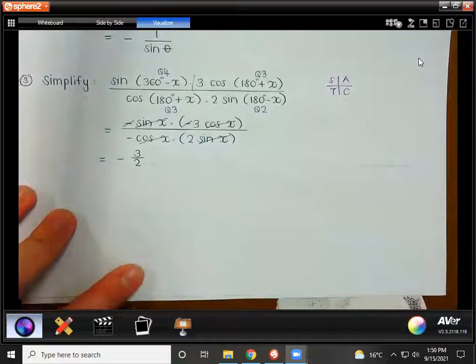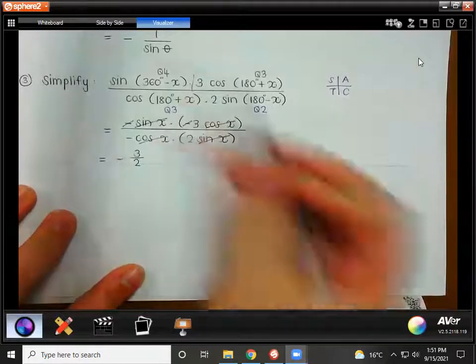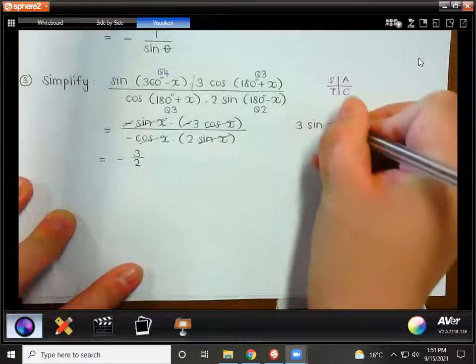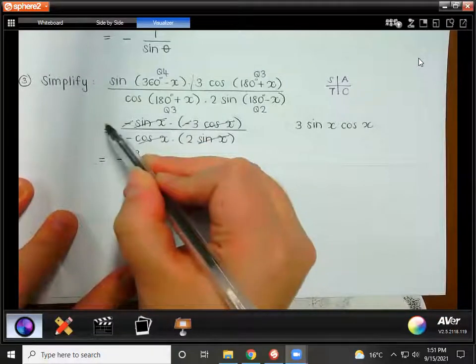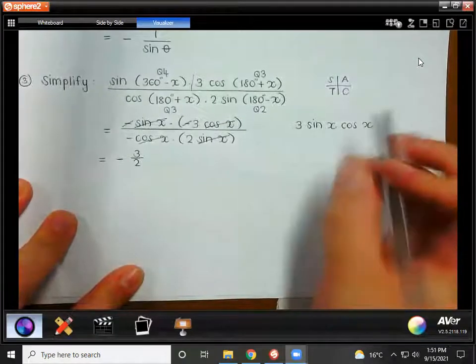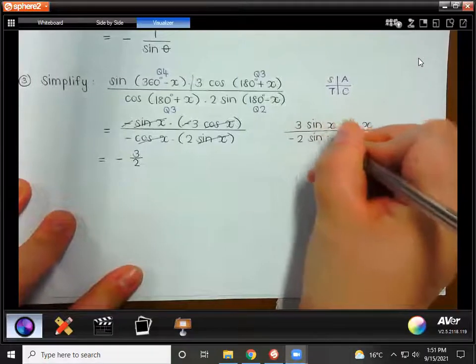So that's 3 negatives. You could have written it as 3 sine x cos x as well. It's the same thing. If you decide you want to put your number in front, then it would go in front, but you have a negative times a negative, which is a positive, and then you have a sine x and a cos x. And at the bottom, you will have -2 sine x cos x.